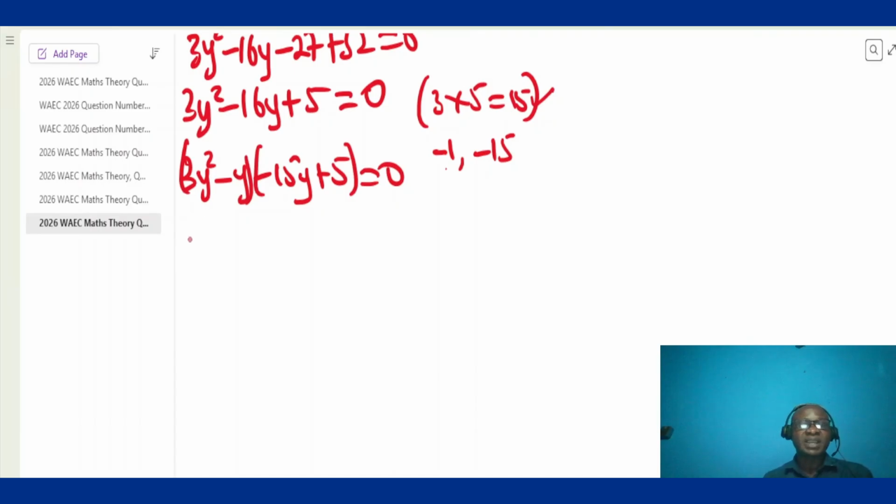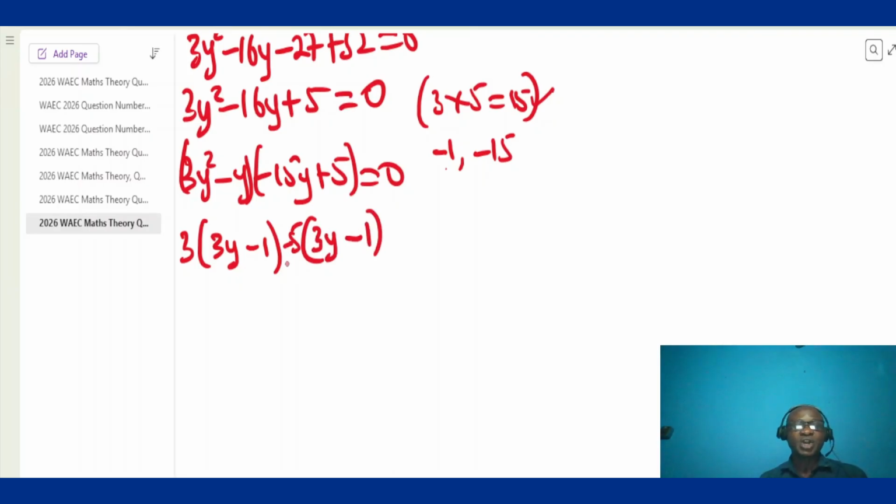Common in the first bracket is y, then I have left 3y minus 1. Common in the second bracket is minus 5, so that inside the bracket I have left 3y minus 1. This is correct because minus 5 times minus 1 gives exactly what I have here, which is plus 5. Beautiful. Everything is equal to 0.